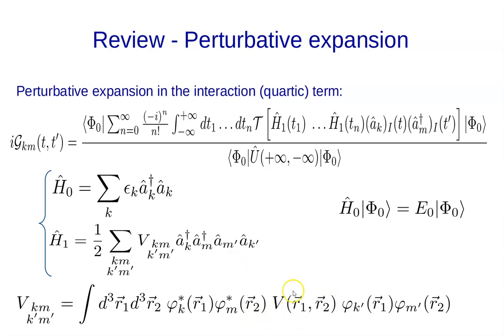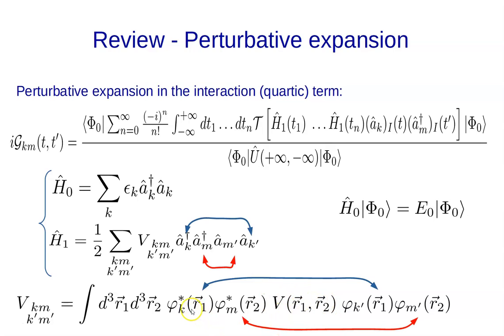But we already did a change of basis, so this is more general. So K and M can be indices for a given orbital. In any case, let me just remind you that here K and K prime are both at the same position, right? And M and M prime are also orbitals calculated at the same position. They might be different orbitals and different states, but they are calculated at the same position.